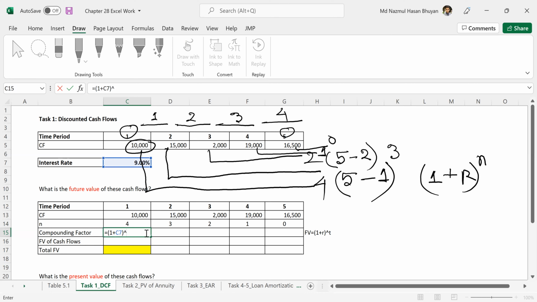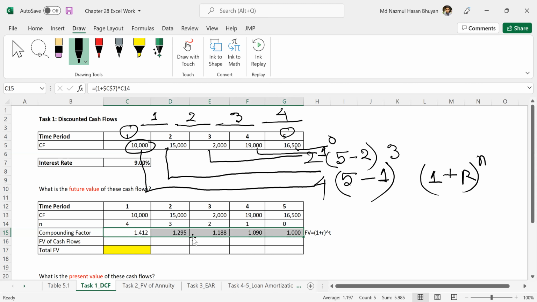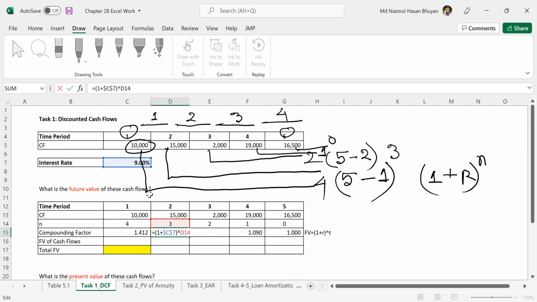Then to the power total number of time periods. We are going to use the exact same formula for the other 4 years. As you can see here, 1 plus your periodic interest rate to the power number of time periods.